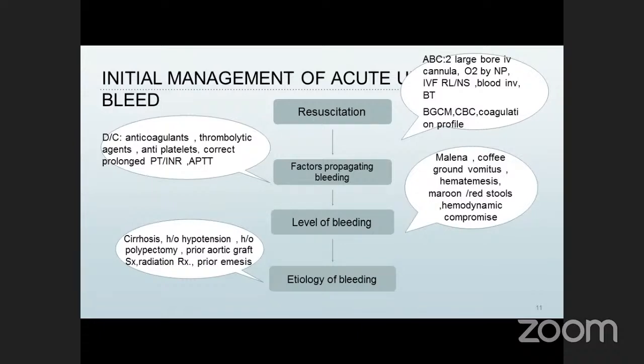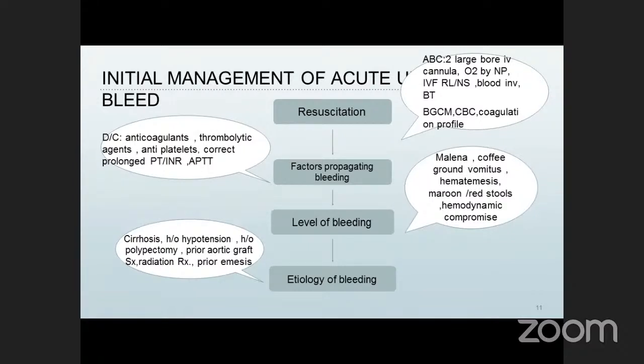Then identify the level of bleeding. If the patient presents with complaints of melena or coffee ground vomitus, or if there is hematemesis, then it mostly indicates upper GI bleed. If the patient has maroon colored stools or red stools on presentation, it is mostly lower GI bleed. But any patient who has red stools but is having hemodynamic compromise, one always has to rule out upper GI bleed on endoscopy.